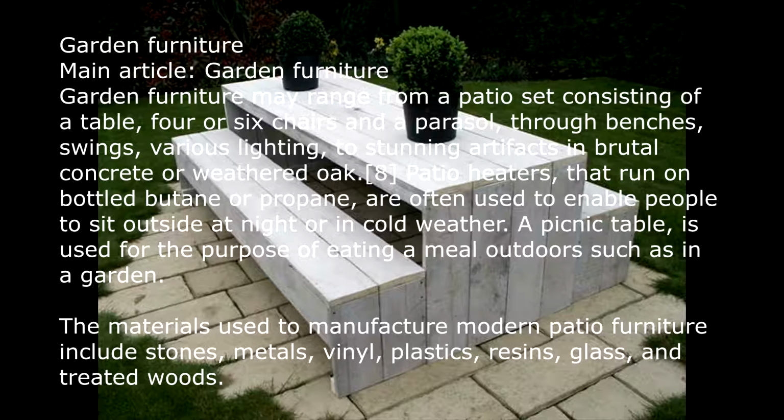Patio heaters, that run on bottled butane or propane, are often used to enable people to sit outside at night or in cold weather. A picnic table is used for the purpose of eating a meal outdoors, such as in a garden. The materials used to manufacture modern patio furniture include stones, metals, vinyl, plastics, resins, glass, and treated woods.